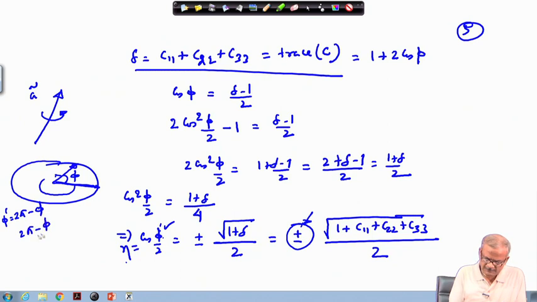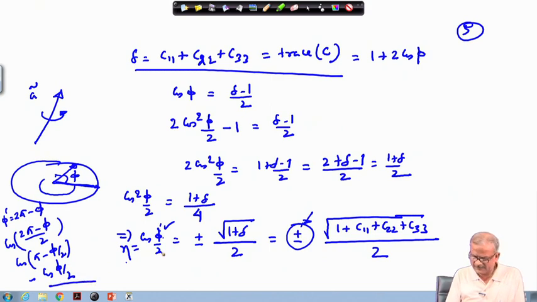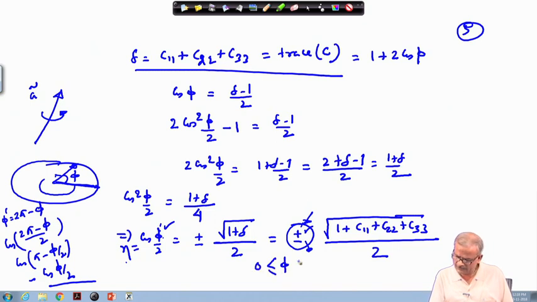So, 2 pi minus phi by 2, and if I take cos of this, this is cos of pi minus phi by 2, which is minus cos of phi by 2. So, this gives a minus sign. You have to choose in a proper way where to choose plus and where to choose minus. In general, we will choose the plus sign by restricting phi to the range 0 to pi.